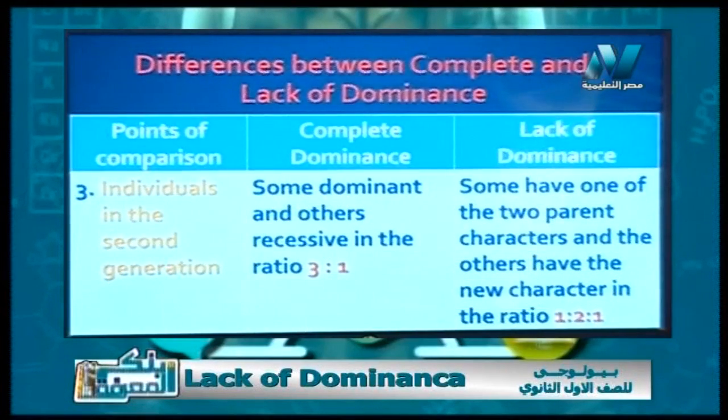The individuals in the second generation, in case of complete dominance, are some dominant and others recessive, in the ratio 3:1, 3 dominant to 1 recessive.